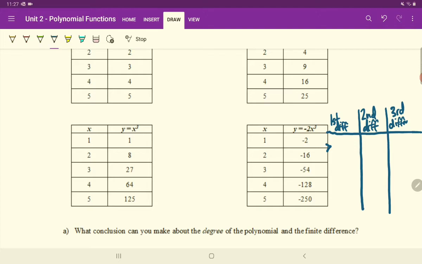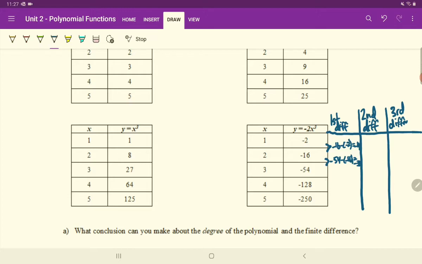So here, -16 minus -2 is equal to -14. -54 minus -16 is -54 plus 16, which is -38. Running out of space there.